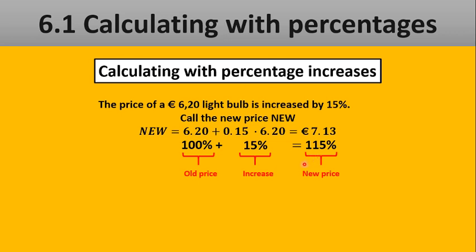Turns out that in this case, we can also say, well, 115% is going to be 1.15 in decimal notation. We're going to learn later that it's called the multiplication factor. So NEW can be calculated in a more straightforward way by doing just 115%, or 1.15, times the old price, €6.20 in this case, which leaves us with the final answer, which is 7.13. If you take a look at both calculations, you can see that the second one is a bit shorter to notate.